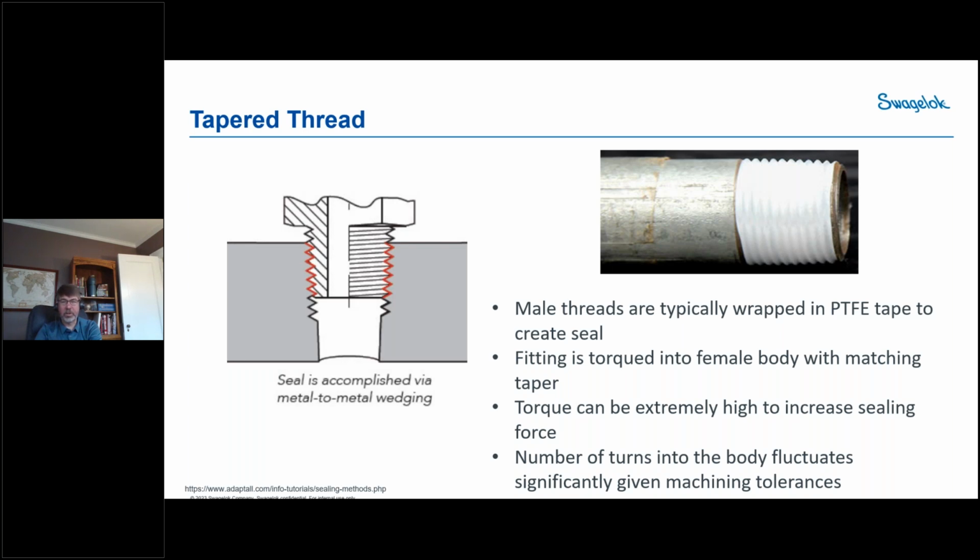It's torqued in to the point where you feel a seal has been made. This torque can be extremely high, so there's a lot of force, which is nice. That's what we're looking for, minimizing the H. The problem with this, though, is Teflon is a permeation material. So there is a permeation path, which I'm showing in red.